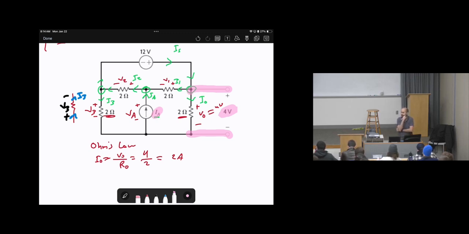Okay, how can I calculate IA? We can calculate IA actually by doing KCL, right? Because IA is associated with this element, VA. So if I find VA, this is not enough because I cannot apply Ohm's law here.